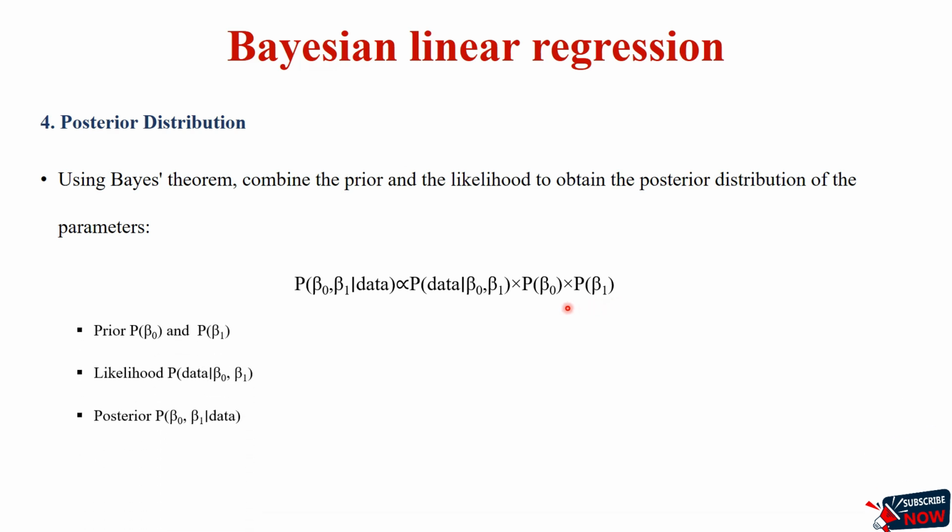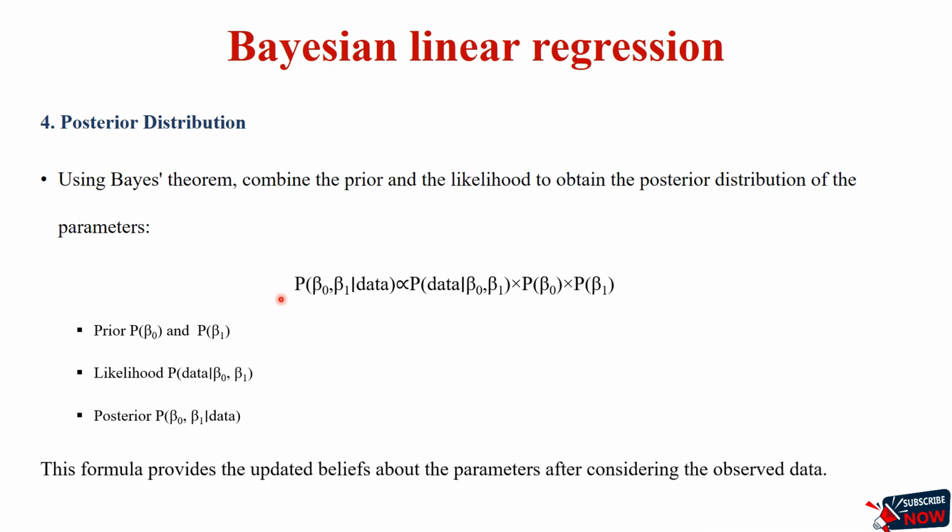Here, the probability of beta naught and the probability of beta 1 are the priors, the likelihood is the probability of data given beta naught, beta 1, and the posterior is the probability of beta naught, beta 1 given the data. This formula provides the updated beliefs about the parameters after considering the observed data.